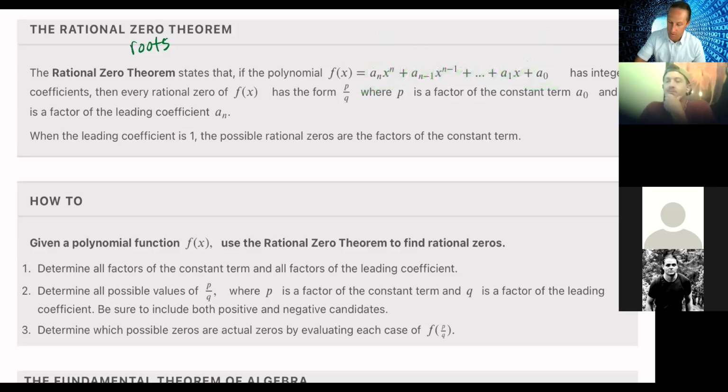So we're going to give those some names, rather than a sub 0 and a sub n. We're just going to call them p and q. That way you guys can remember to mind your p's and q's when you're dealing with this. And we're going to always start at the end over the beginning.